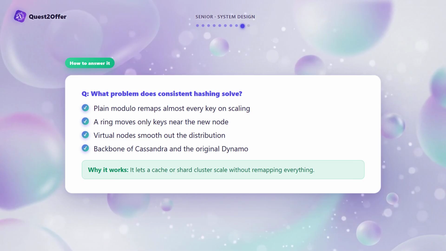A cache or shard cluster melts down on every scaling event. Consistent hashing places servers and keys on a ring, so adding a node only moves the keys between it and its neighbor. A small fraction, not everything. Virtual nodes smooth out the distribution. It's the backbone of systems like Cassandra and the original Dynamo design.